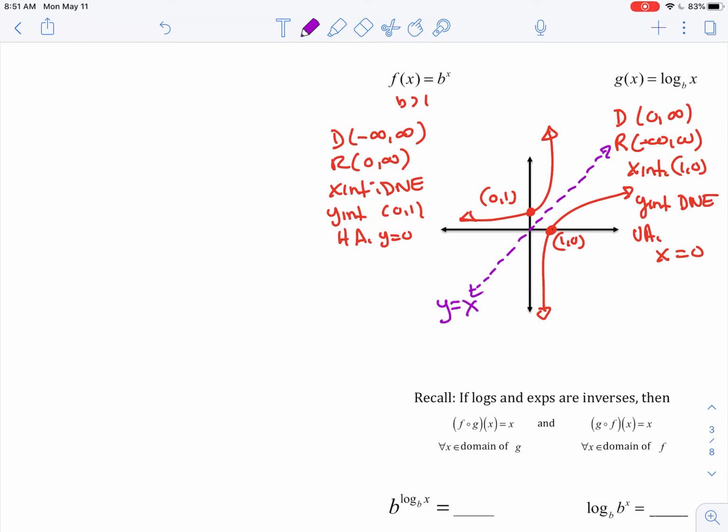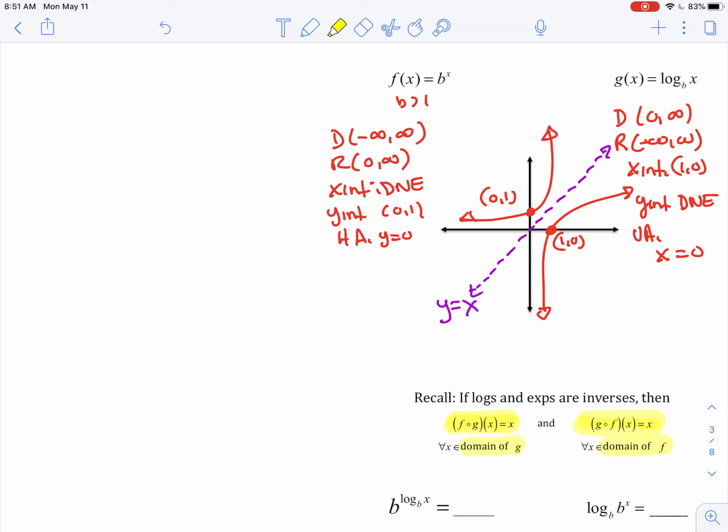And then going back to Chapter 3, we know that if two functions are inverses of each other, then both of their compositions must equal x, right? Whatever you plug in when you combine a function with its inverse, you are going to get out, as long as that quantity is in your domain.